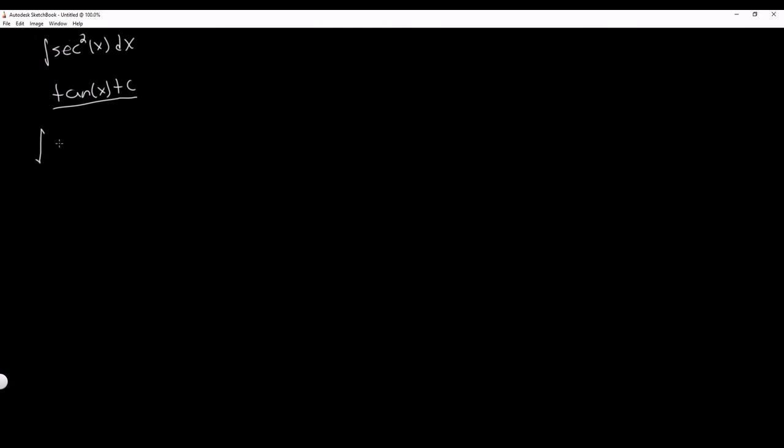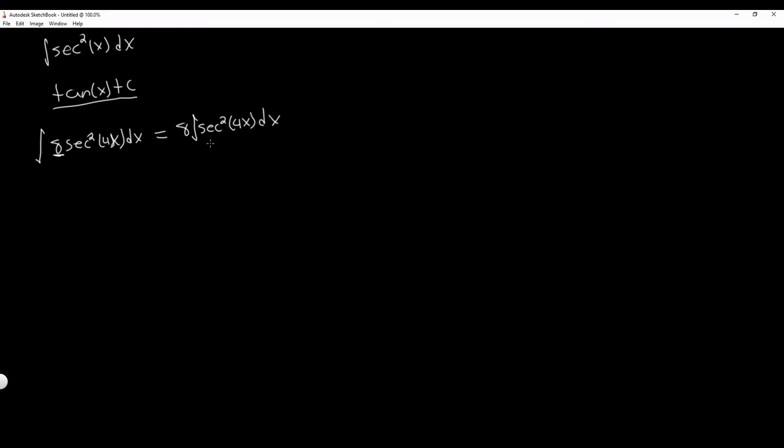Let's try 8 secant squared of 4x dx. So first we're going to want to move this to the front, so we're going to say this is equal to 8 times the integral of secant squared 4x dx.